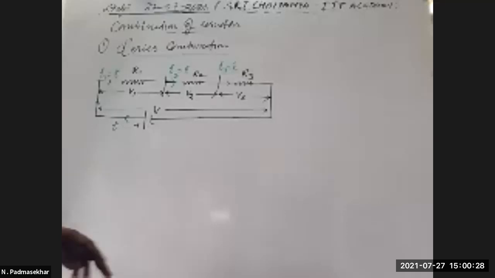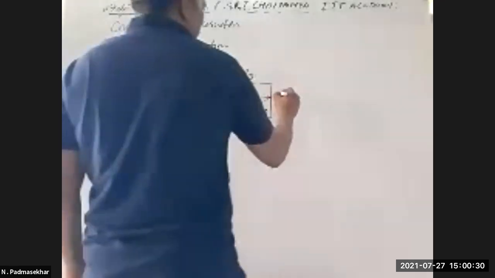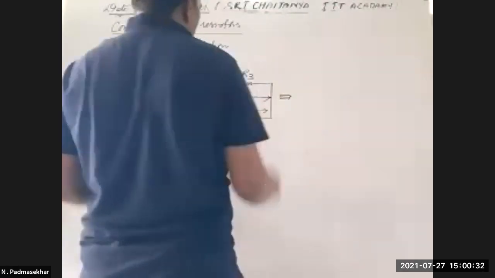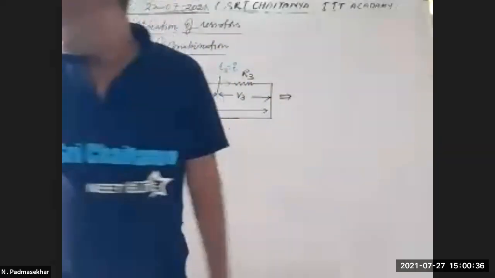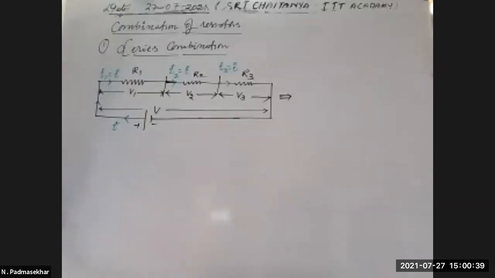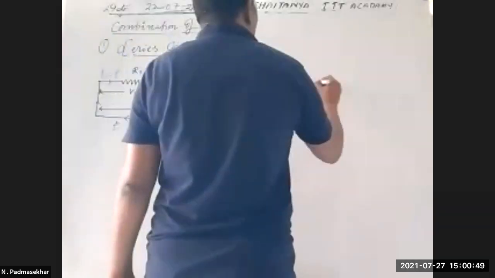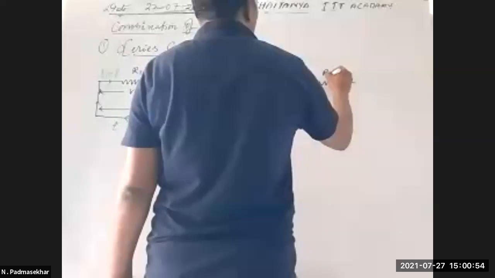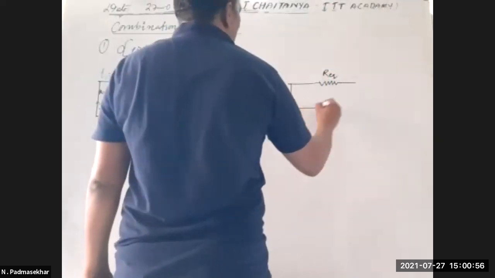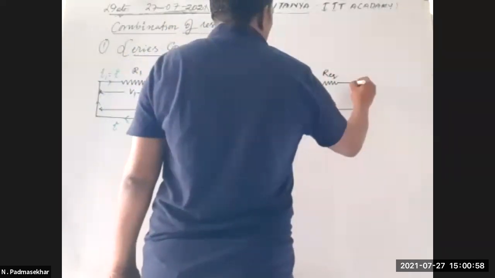And how to find the effective resistance? The effective resistance is nothing but if you replace all these three resistances in the series combination by one resistance, that we call the effective or equivalent resistance.